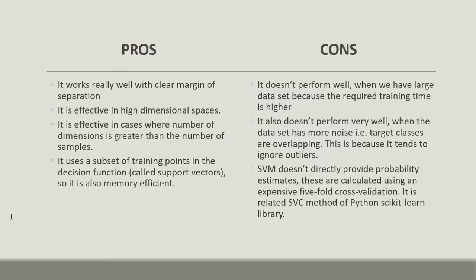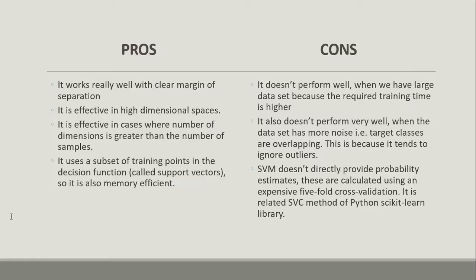It is also effective in high dimensional spaces. We used a two-dimensional model where we used two features, petal width and petal length. So it worked effectively, because if you just use one-dimensional space, it won't have a lot of training data to learn from.